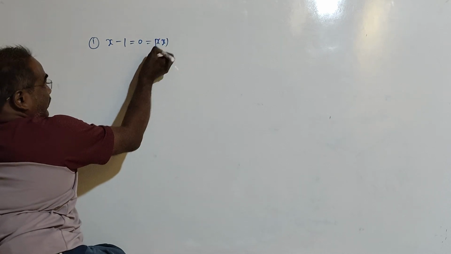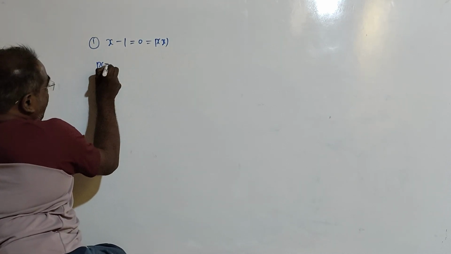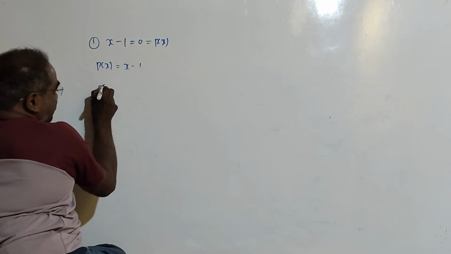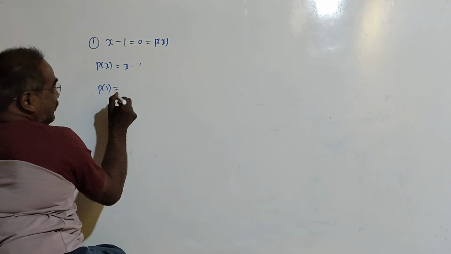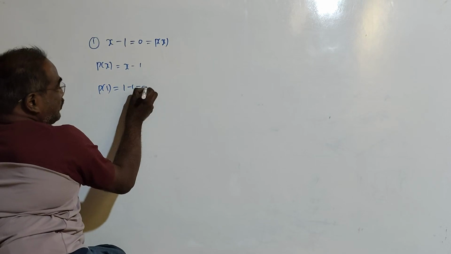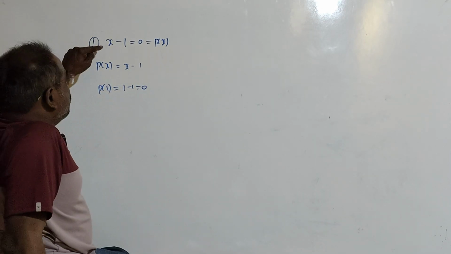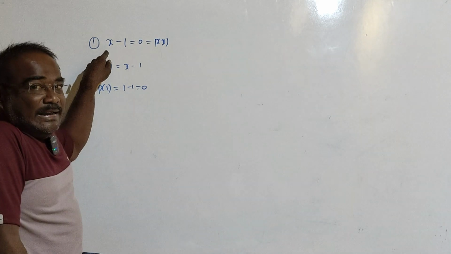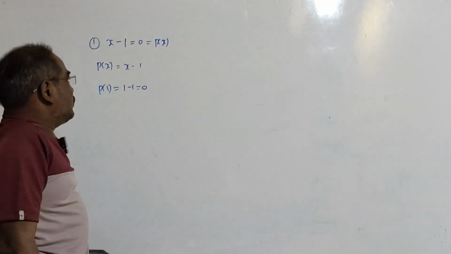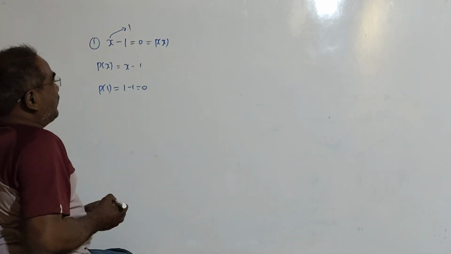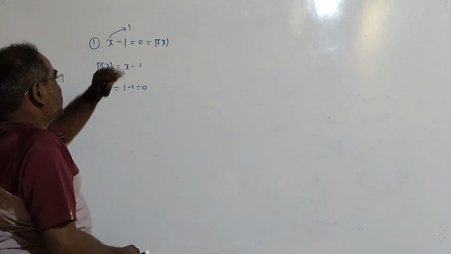This is a polynomial. So p of x equal to x minus 1. If I pass x equal to 1, 1 minus 1 equal to 0. It means 1 is a zero of this polynomial. Its zero is 1. If I substitute 1, it will become 0.